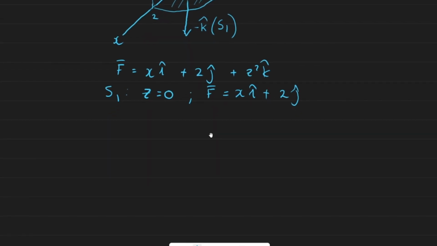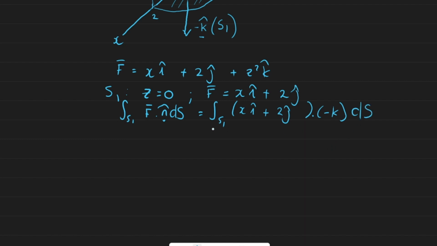So if we now compute the surface integral for surface 1 of this vector, and of course we're doing dS, and you know that this vector area is actually the normal vector multiplied by the differential surface area element. And of course our normal vector is actually just minus k. So we have the integral along this surface 1 of xi plus 2j, multiplied by the normal vector, which is minus k, times dS.